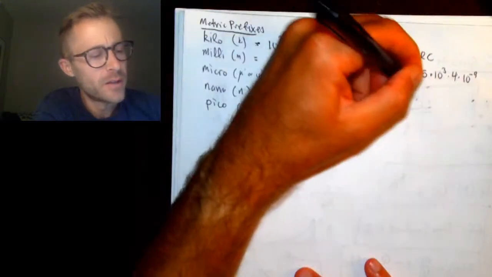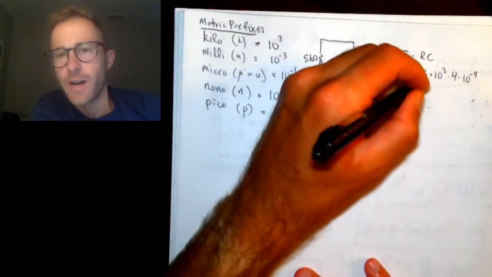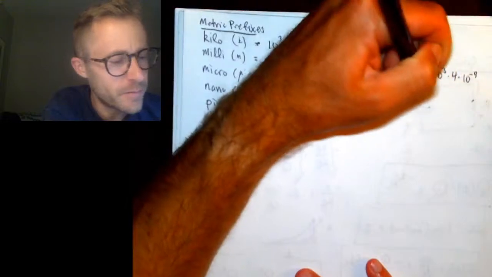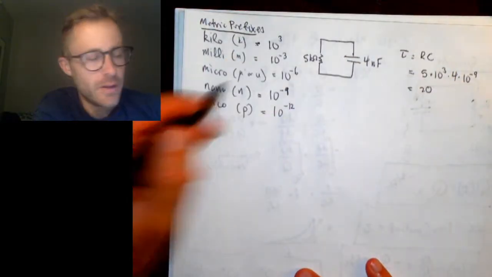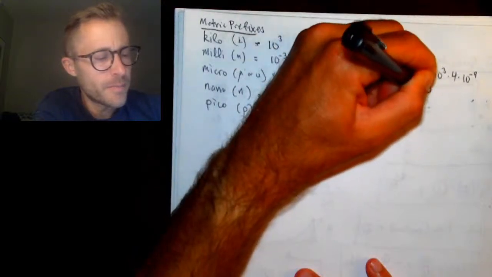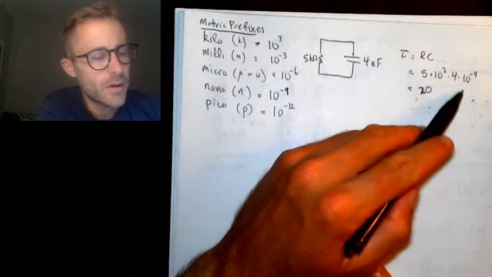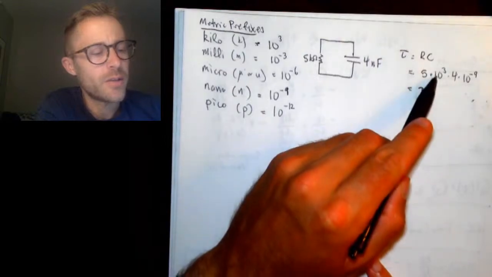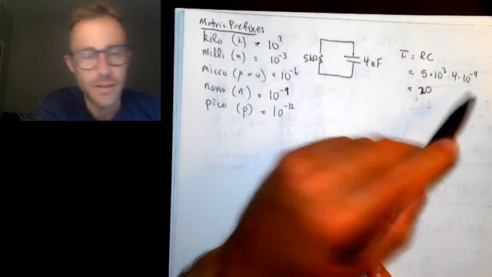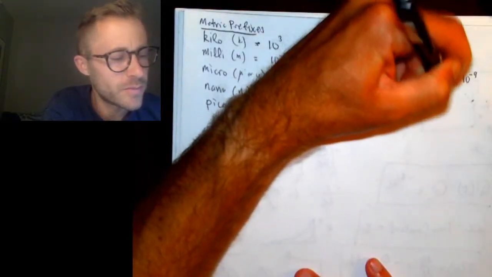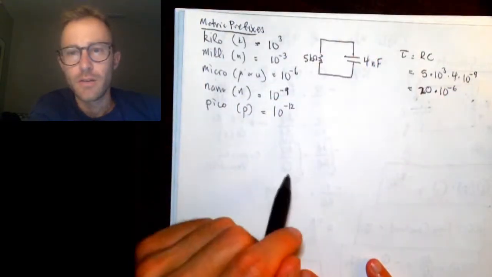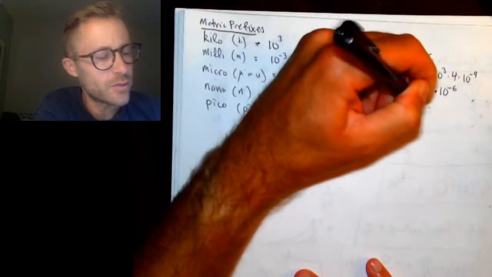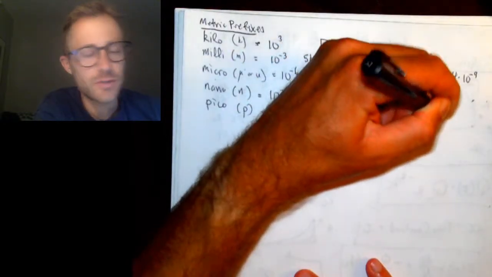So we can see that 5 times 4 is going to give 20. And then 10 to the third times 10 to the minus 9 is 10 to the minus 6, which is micro. So the time constant is 20 microseconds.